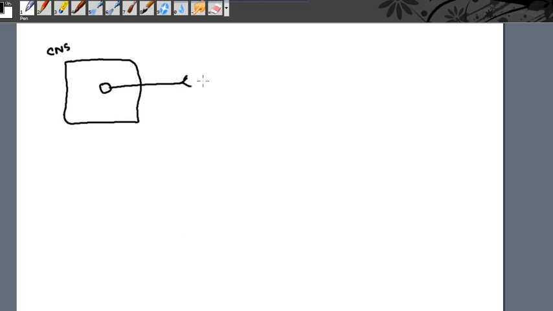This is the preganglionic neuron, and the preganglionic neuron synapses with another neuron called the postganglionic neuron, and this postganglionic neuron releases two neurotransmitters. One is epinephrine, another one is norepinephrine. Epinephrine is also called adrenaline, and norepinephrine is also called noradrenaline. So the neurotransmitters released by this postganglionic neuron are epinephrine and norepinephrine.